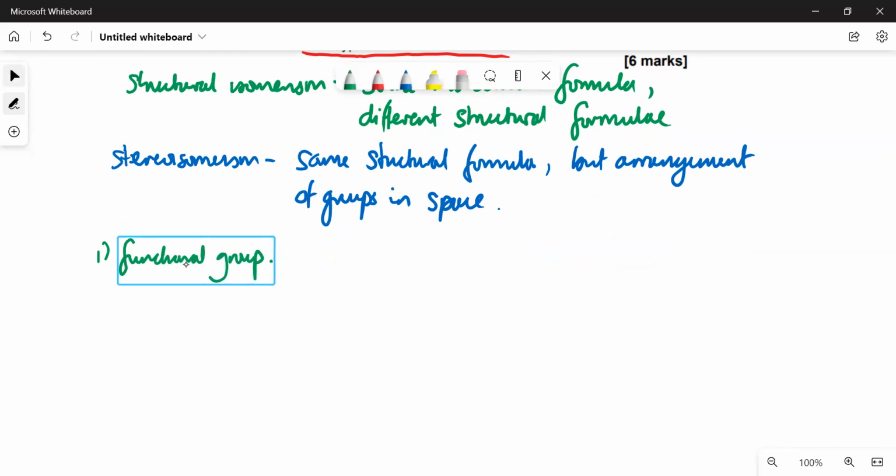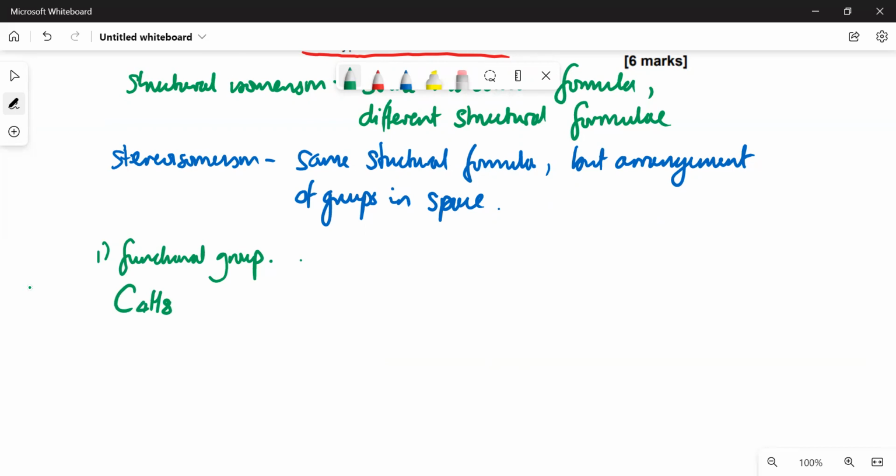That's when the molecules have got the same molecular formula, but they've actually got different functional groups. Now here we've got C4H8, which means it can either have a double bond. If you look at the carbon hydrogen ratio, there is CnH2n. So it's either got a double bond in it or it's a cyclic molecule.